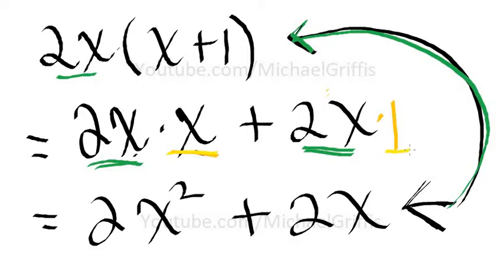As you can see here, we have an x and a 1, and then out here is our 2x. So you've got to wrap your mind around this if you've never seen it before, or maybe you're just refreshing your mind.